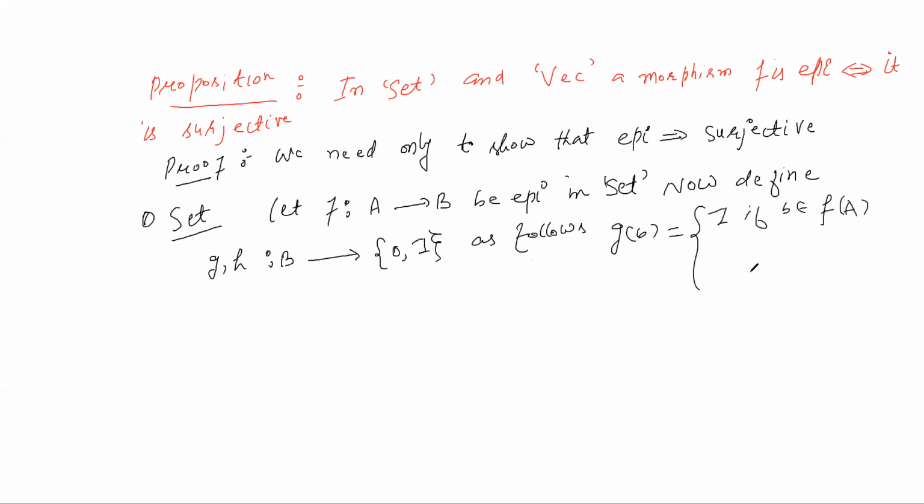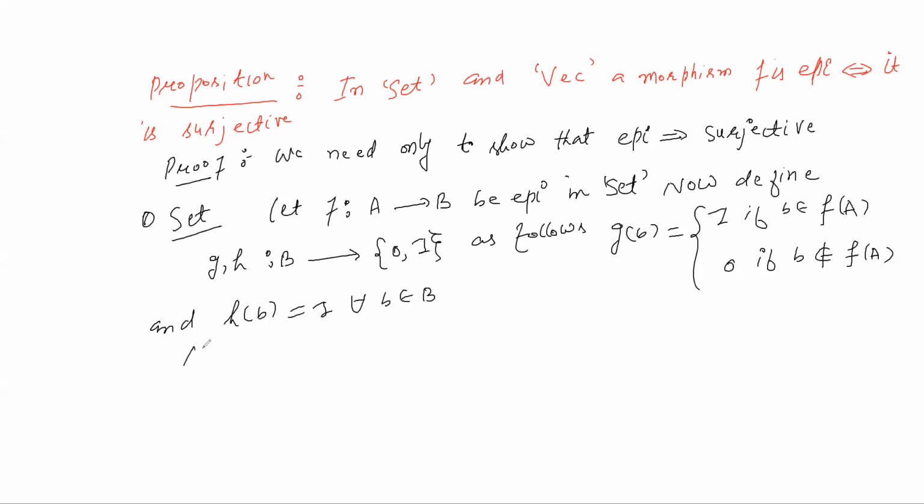Otherwise, you define it as 0, if b does not belong to f(A). And h of b, you define as 1 for every b, that is, h(b) = 1 for all b in B.